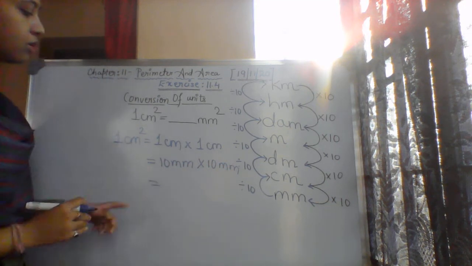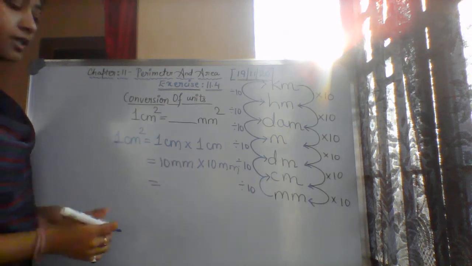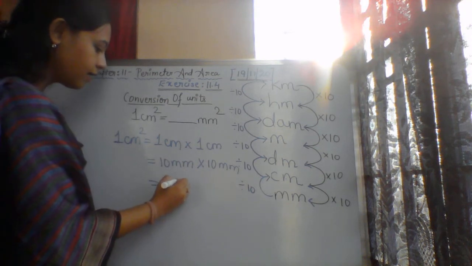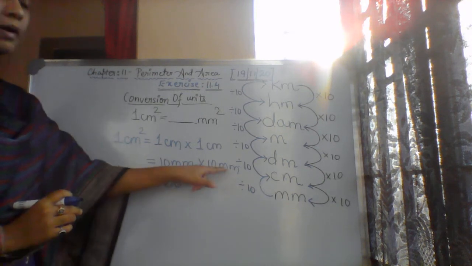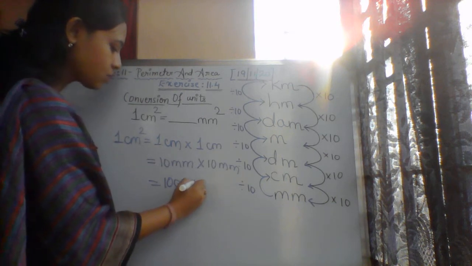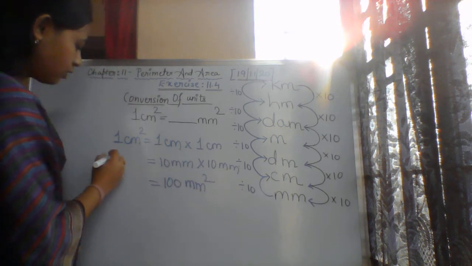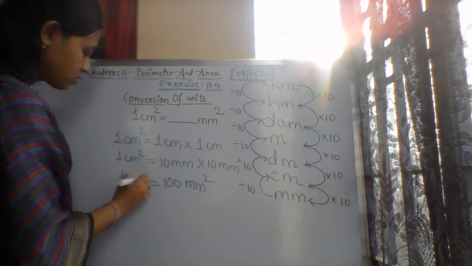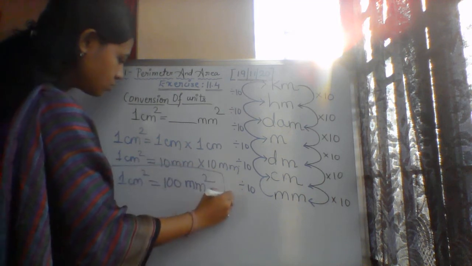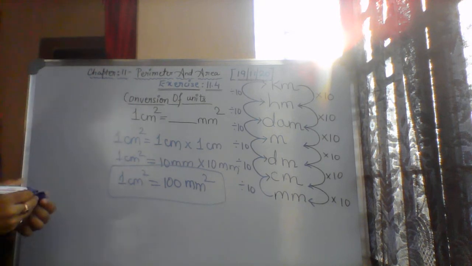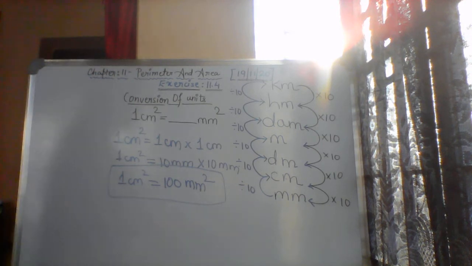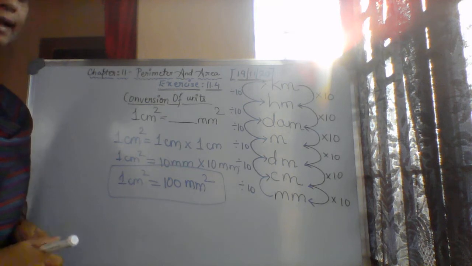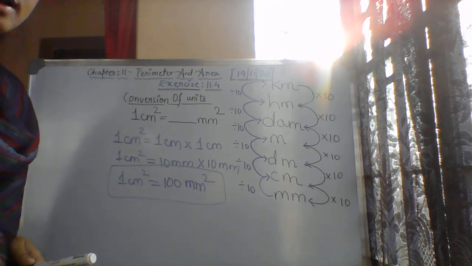So 10 into 10, how much? 100. Millimeter into millimeter, millimeter square. So what we got? 1 centimeter square equals to 100 millimeter square. I hope you have understood. Okay, let's see with another example.